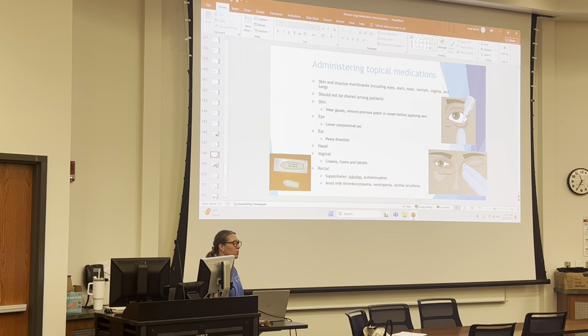Okay, common sites that we see patches are gonna be the chest, up here, or the upper back, shoulders are the main ones. We'll see nicotine patches in the hospital, pain patches, if you have like a long-term, like bad pain, like maybe cancer pain patient, pain patches. Nitroglycerin comes in all different forms, it also comes in a patch.